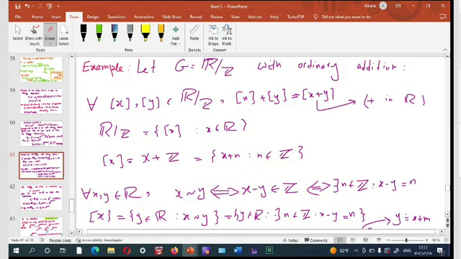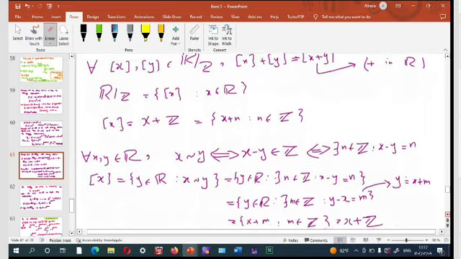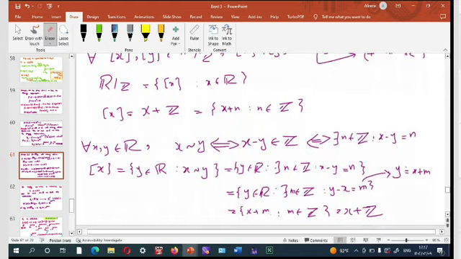This class is the set of all y in R such that x has the relation with y, and this is the set of all y such that there exists an integer n such that this subtraction equals n, and this is equal to this set.